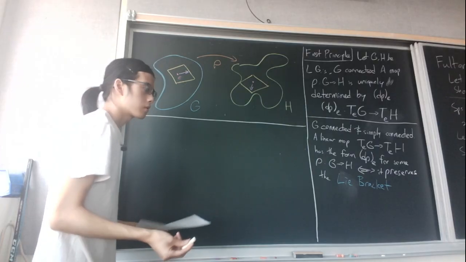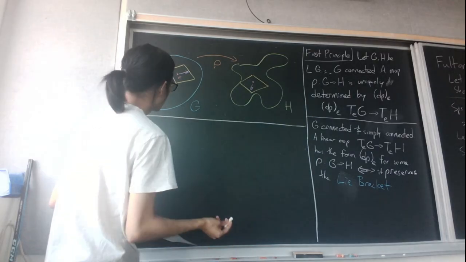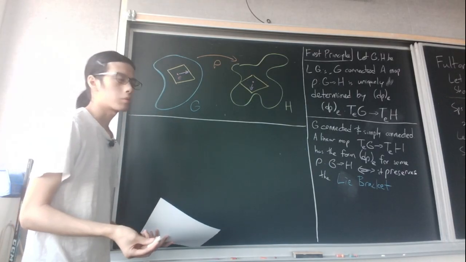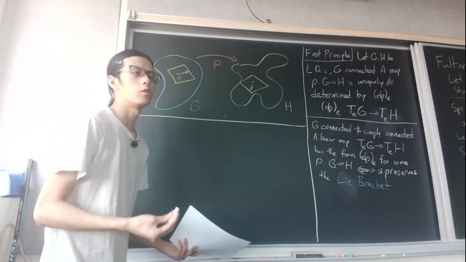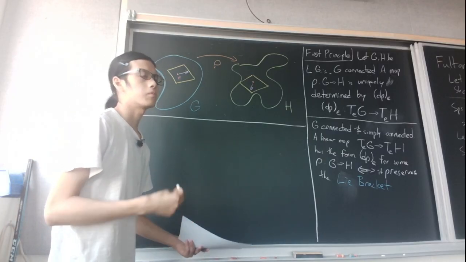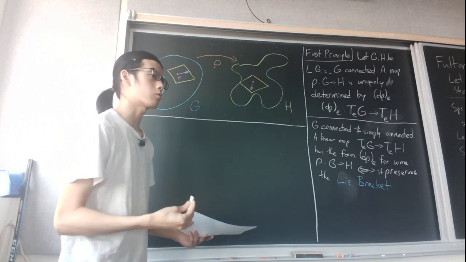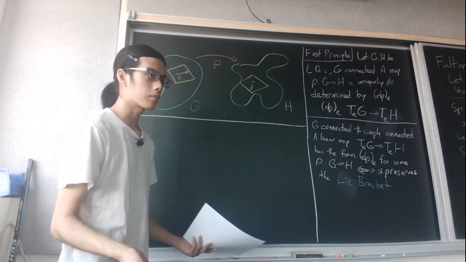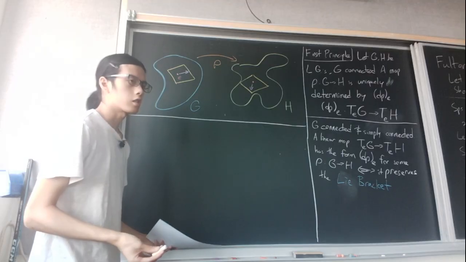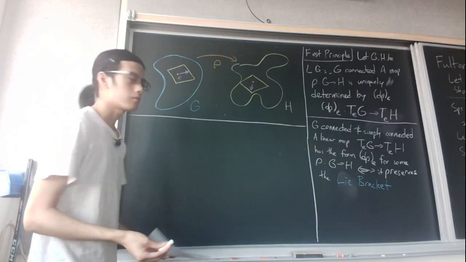But we're going to start very simple. How do we find information about the group? Well, if I tell you how to multiply everything inside the group, then you know everything about the group. Group elements are basically determined by how they interact with each other. So multiplication would be a great starting point.